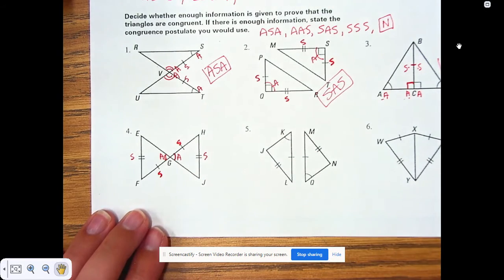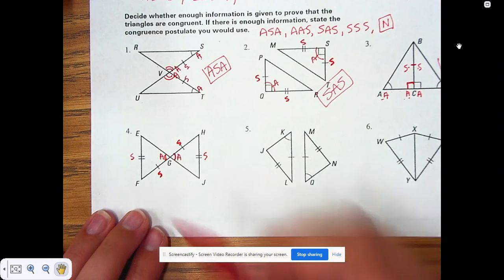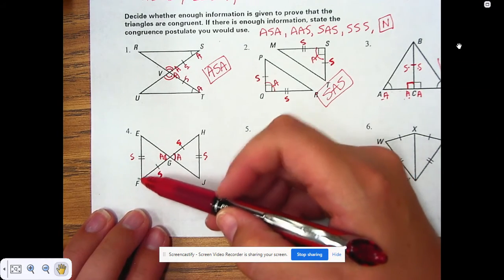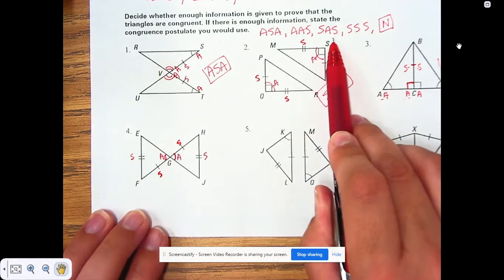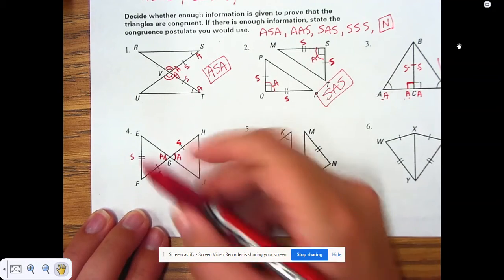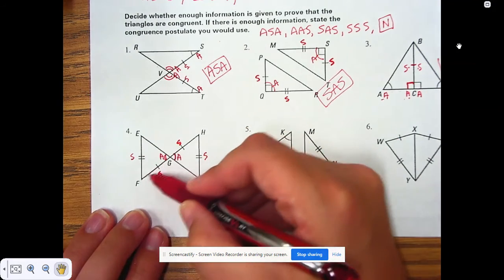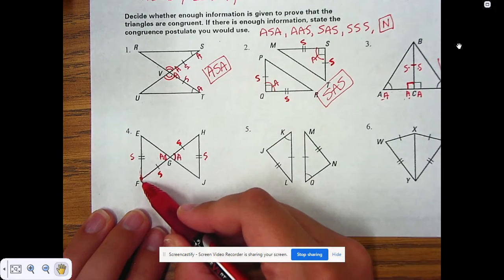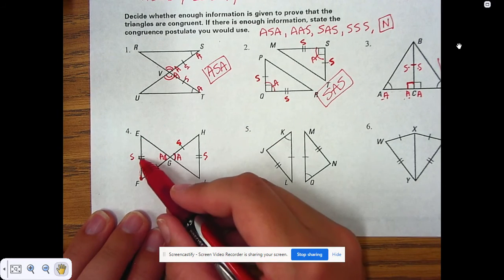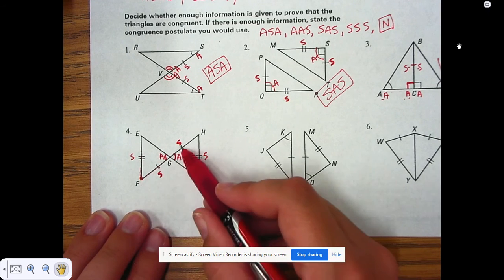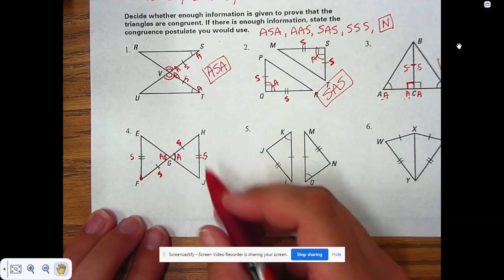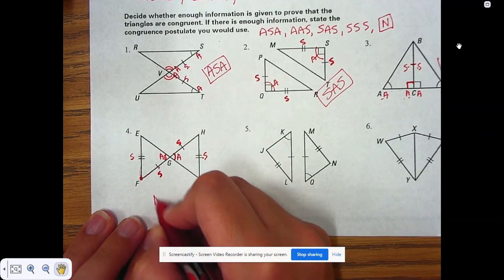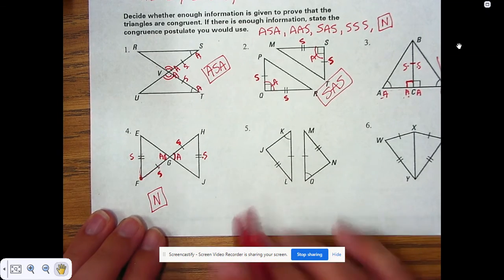Okay, so I have 2 sides and an angle. So I'm going to check to see if the angle is in between, because that's the only option when I have 2 sides and an angle. So if I look at these 2 sides, they connect here. Is that the angle that's marked? No. So this is not side, angle, side. This would be side, side, angle, or angle, side, side, which doesn't look good on paper. So I'm going to put in for not enough information on this one.